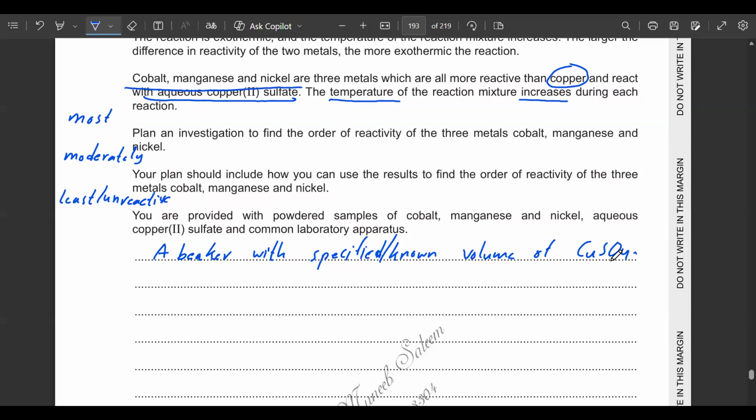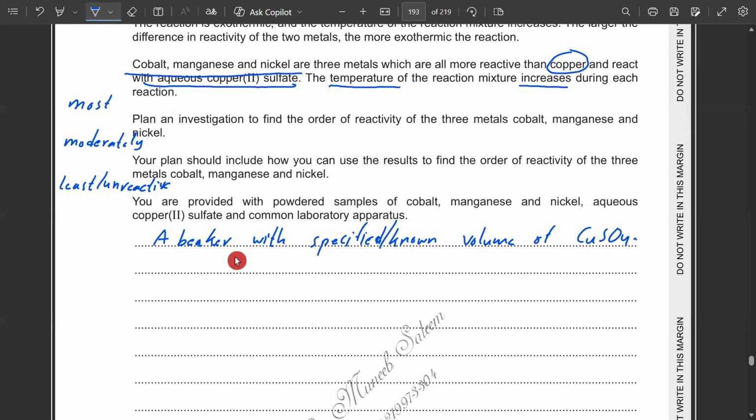Then you will measure a beaker with the specified volume of copper sulfate using the measuring cylinder or pipette.